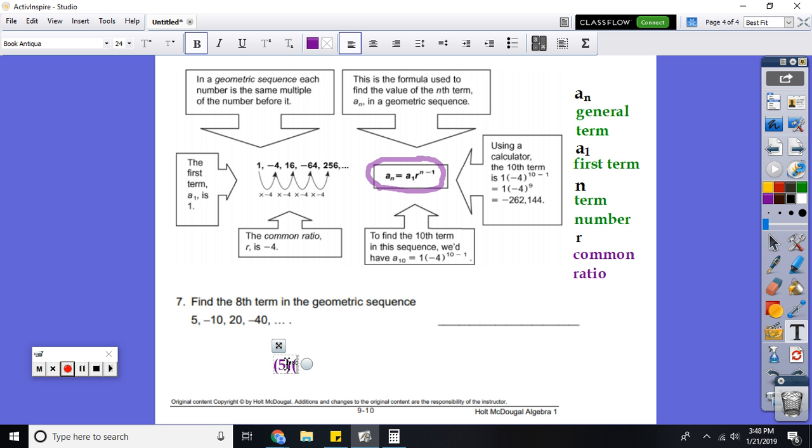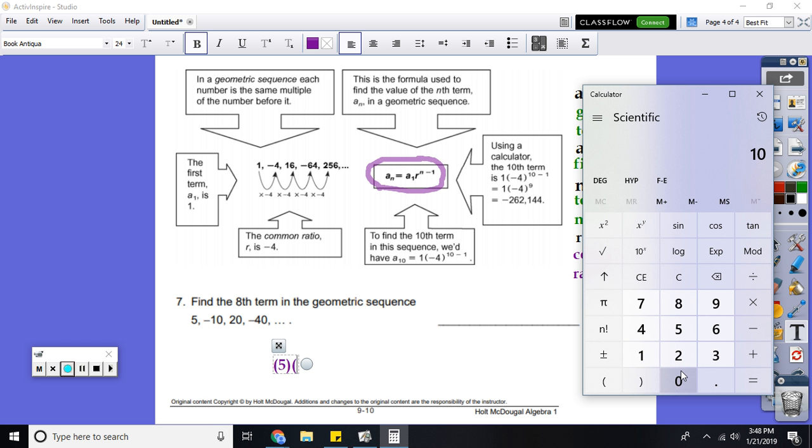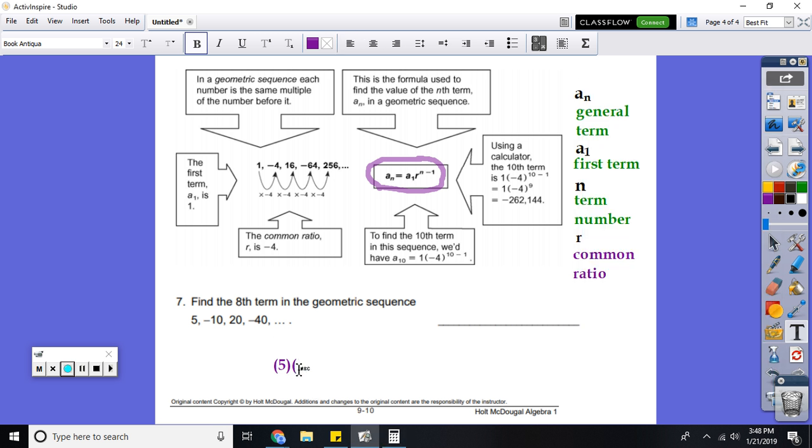If I don't know the common ratio, I can find it like we did in that first slide, where I take the second term, -10, and divide it by the first term, -2. So that tells me my common ratio is -2. So my common ratio is -2, and close those parentheses.